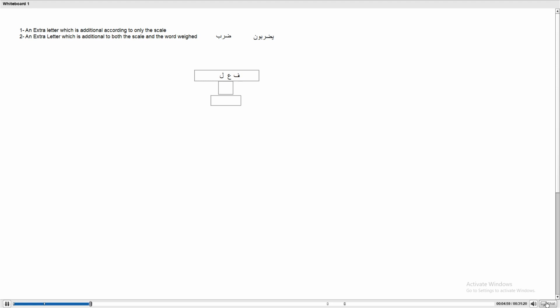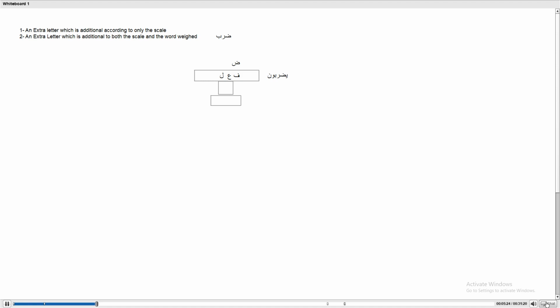Okay. So now, what will we put against the fa of the word? We put the ضاد. Okay, now we're doing يضربون. We want to weigh يضربون.